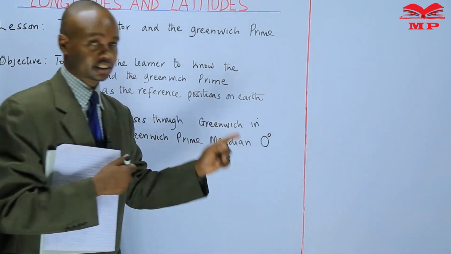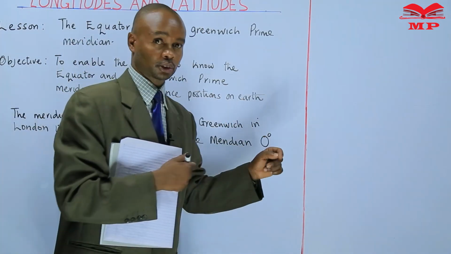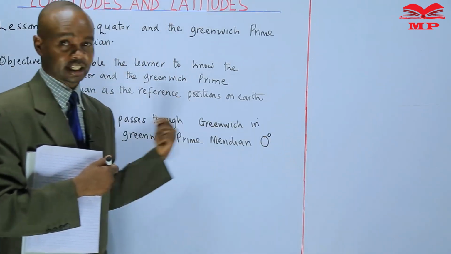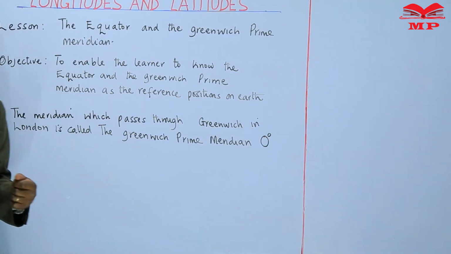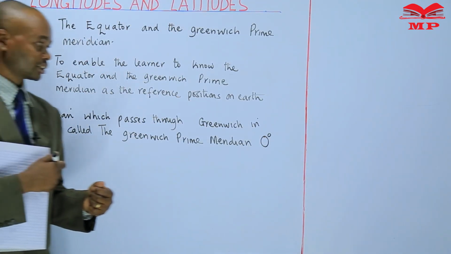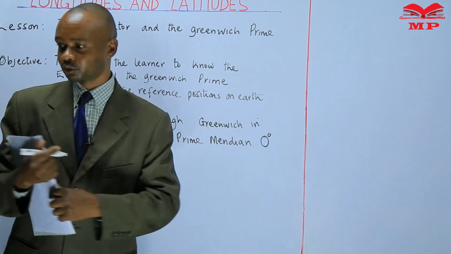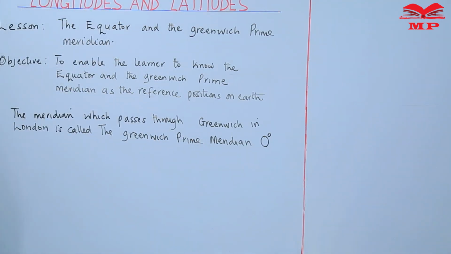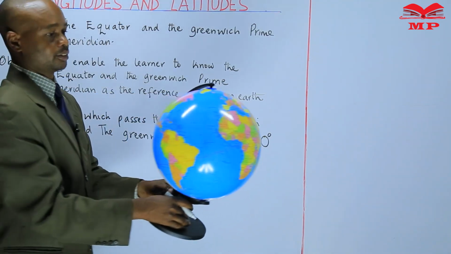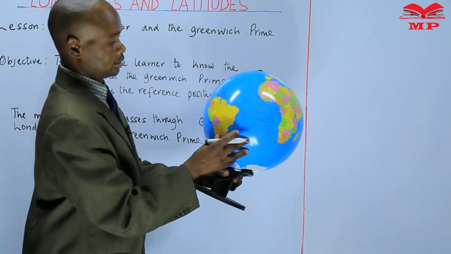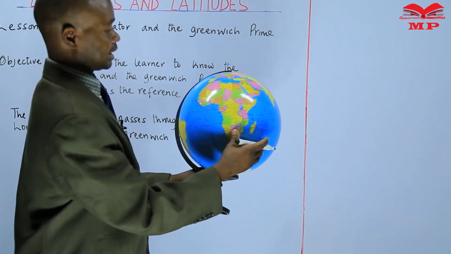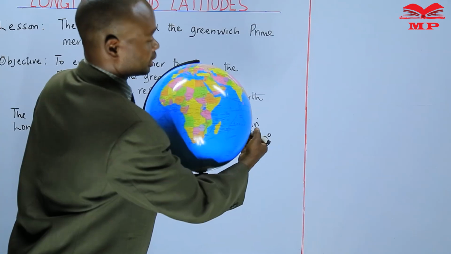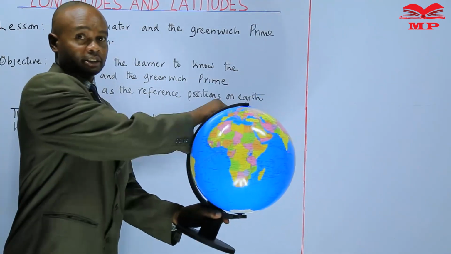It will be a reference meridian or longitude when we are considering the other lines. When you are considering the Greenwich Prime Meridian, you can either move to the east of it or to the west of it.